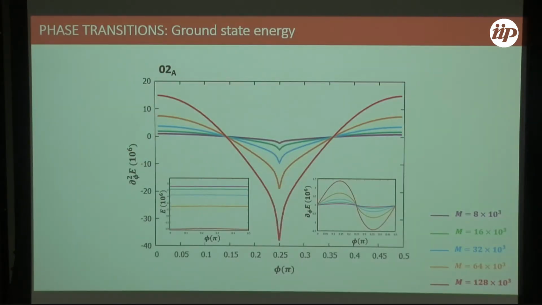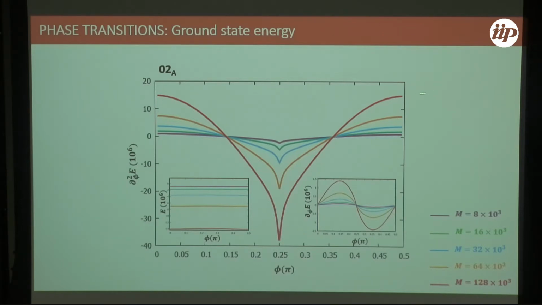And if we look at the ground state energy for, say, a topological transition connecting a trivial and a topological insulator across plane A, in the inset here you see the ground state energy as a function of parameter phi, the first derivative and the second derivative for increasing number of unit cells.